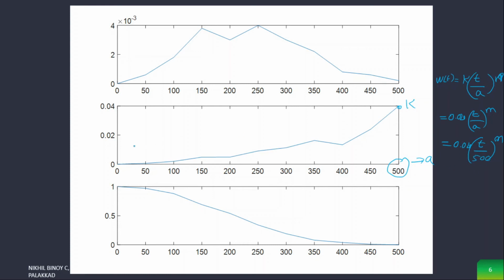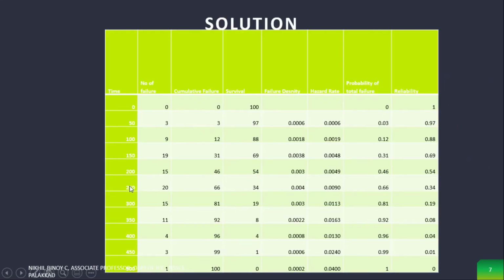For the purpose, I am going to use the middle point, the value corresponding to 250. Corresponding to 250, the value is 0.009. So I am going to use this value.